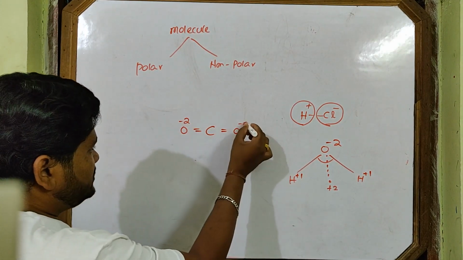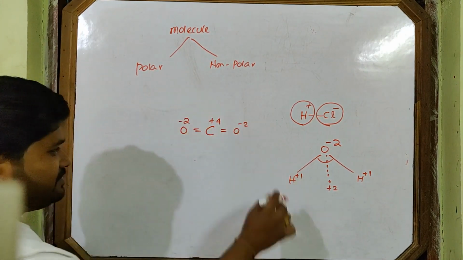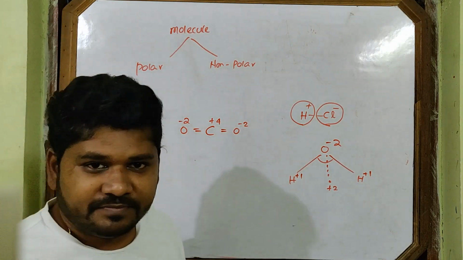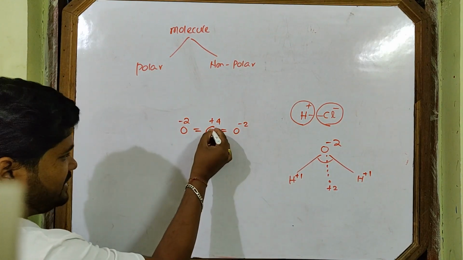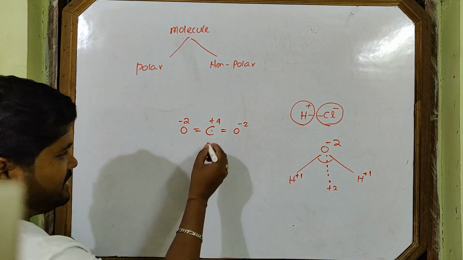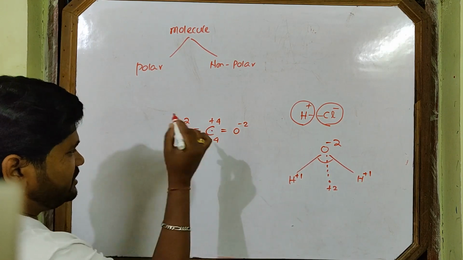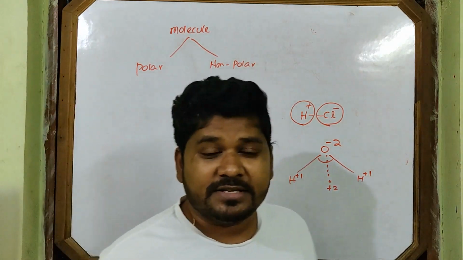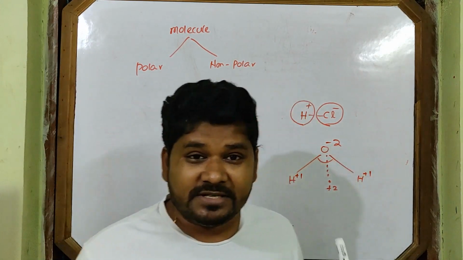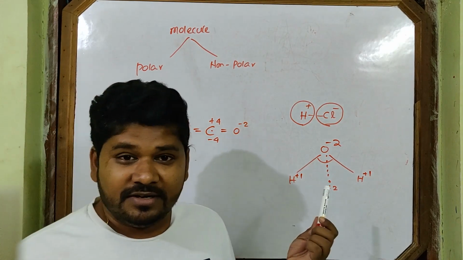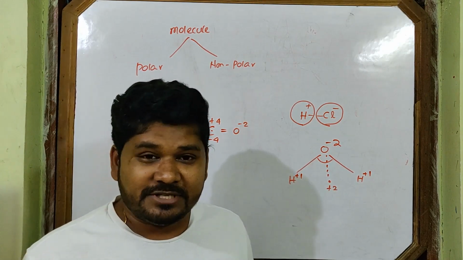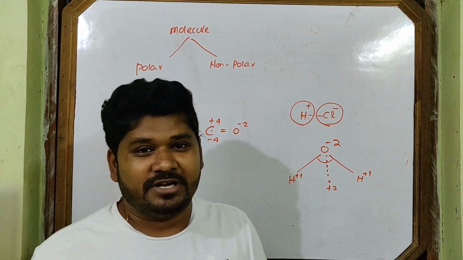Here minus 2, plus 4. In carbon dioxide, where is the positive center of carbon? Here. And where is the negative center? Also minus 4 here. So are plus 4 and minus 4 separated by some distance? No. The positive center coincides with the negative center.